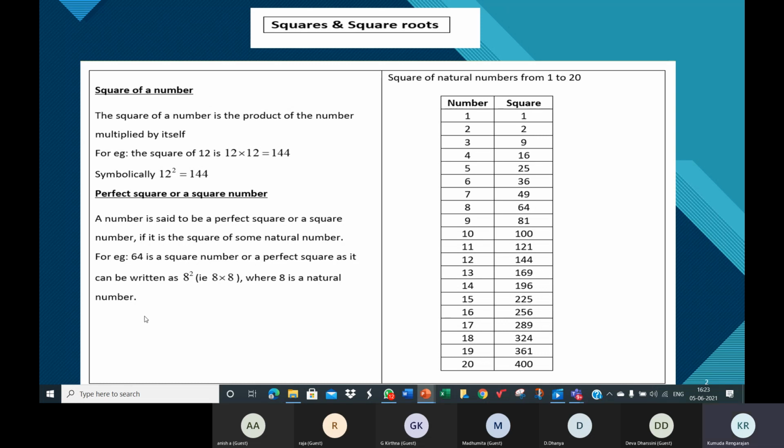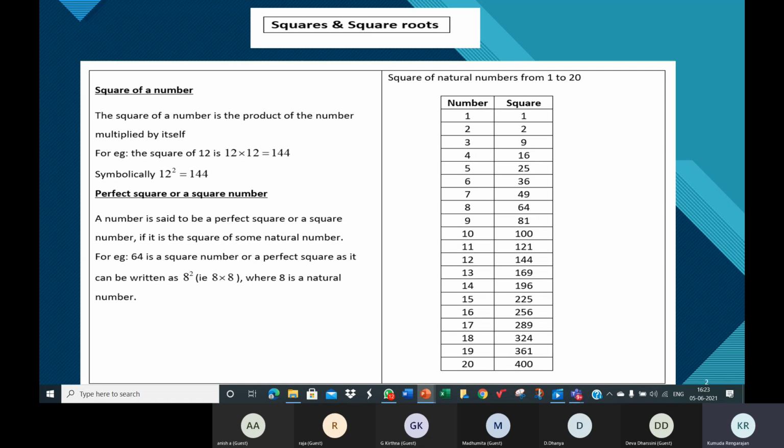So now tell me, children, is 200 a perfect square? No, ma'am. No, 200 is not a perfect square because it cannot be written as a square of any natural number.